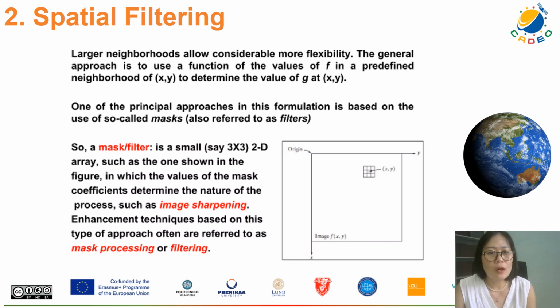So a mask or filter is a small, let's say 3 by 3, 2D array, such as the one shown in the figure, in which the values of the mask coefficients determine the nature of the process, such as image sharpening. Therefore, the enhancement techniques based on this type of approach often are referred to as mask processing or filtering.